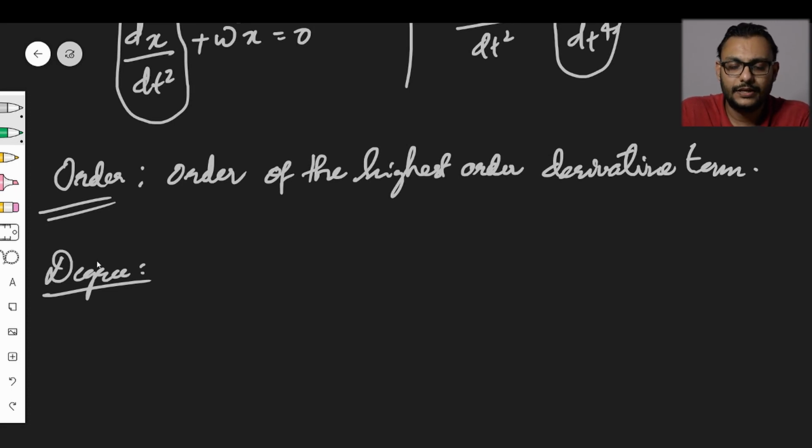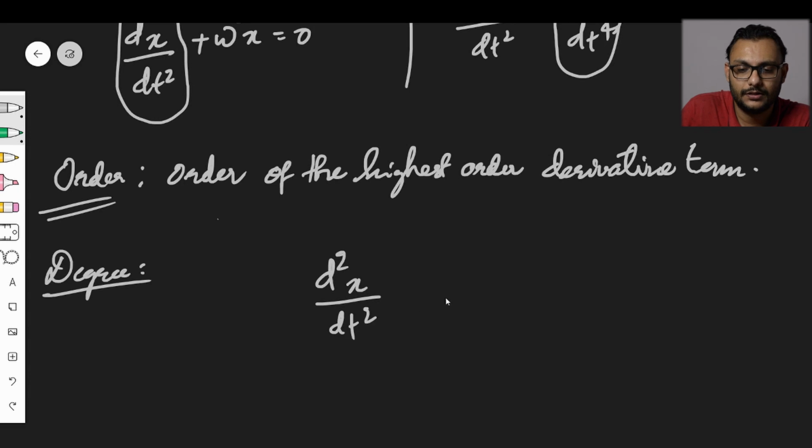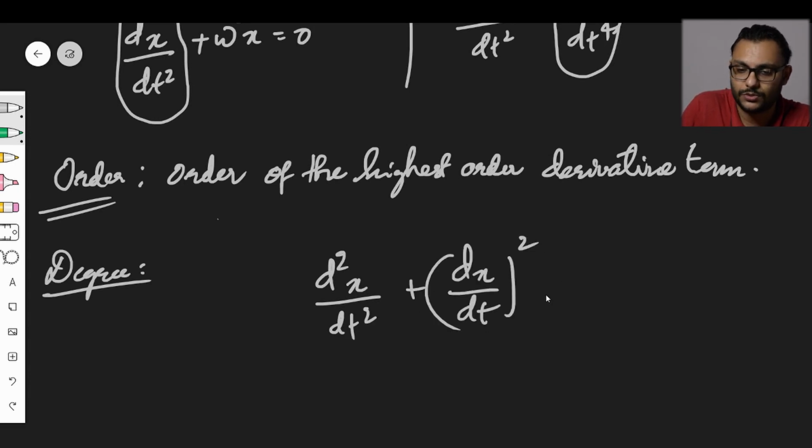Now, degree. Degree is nothing but the power of a particular term. Which term? The highest order derivative term. For example, if I have a differential equation d square x by dt square plus dx by dt the whole square plus x is equal to 0. Please remember that d square x by dt square is not equal to dx by dt.